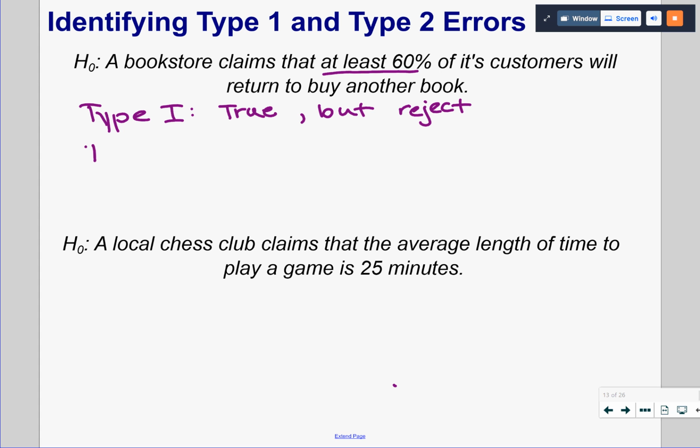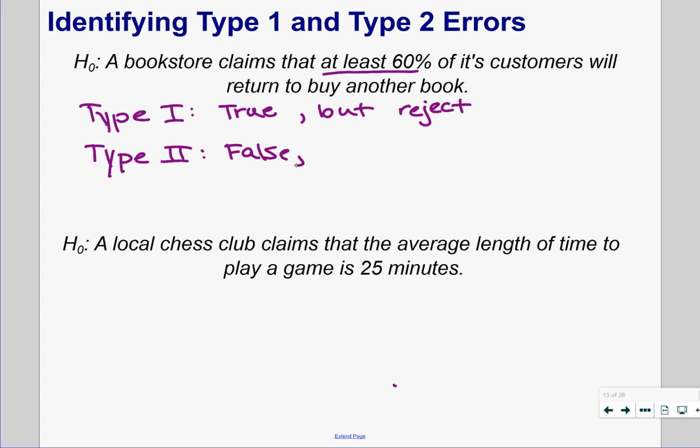Type 2, in real life, the statement is false. So the population of all bookstore customers, if we looked at that, would determine that this statement is not true. At least 60% do not come back to buy another book. But maybe we choose a sample of customers that all really do like to come back to that secondhand store.